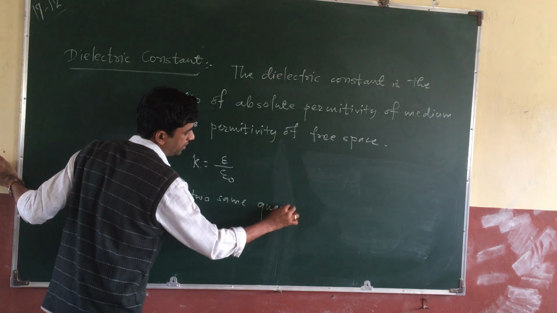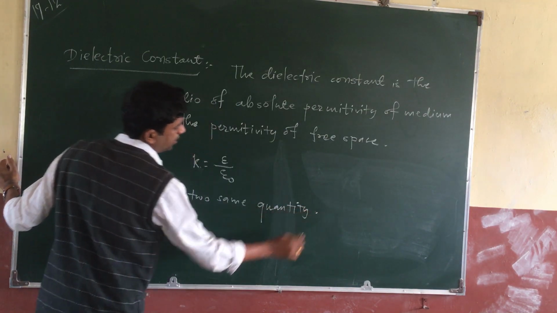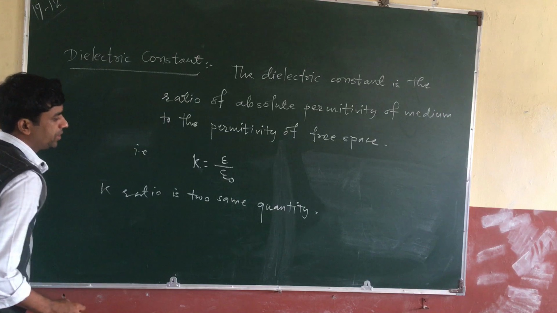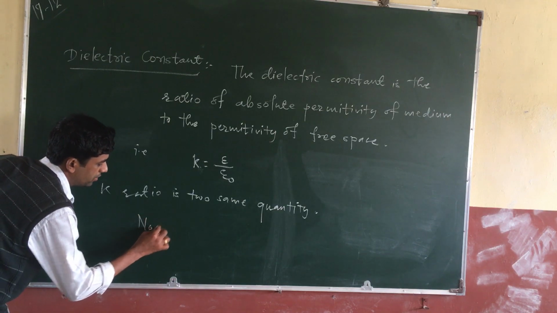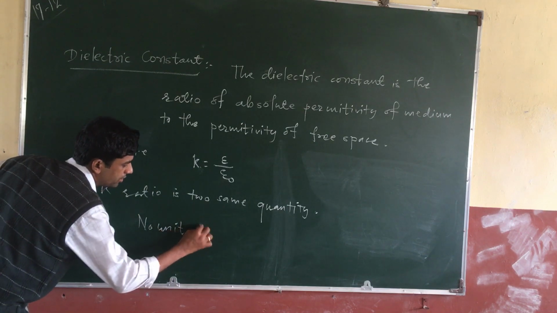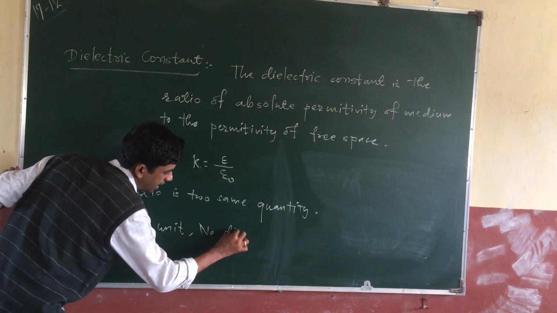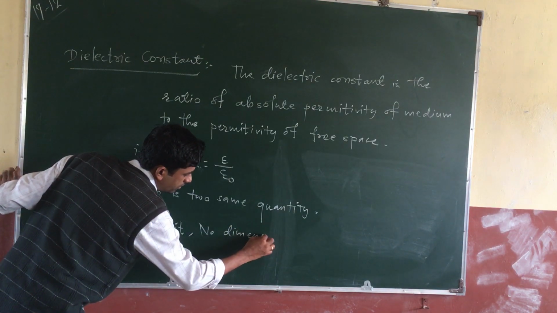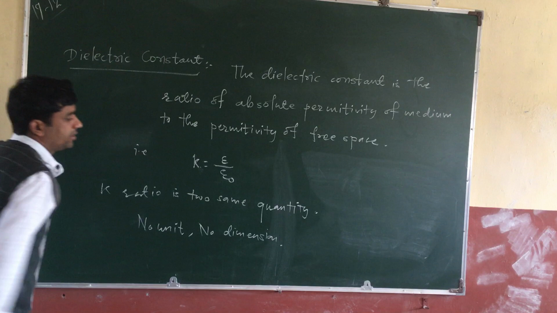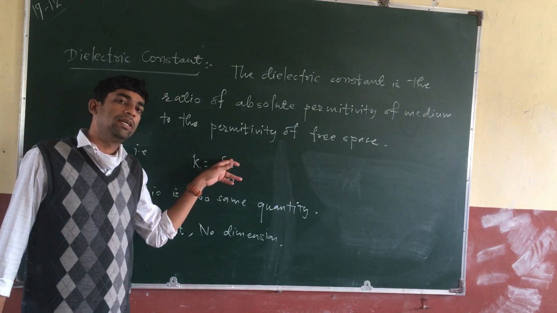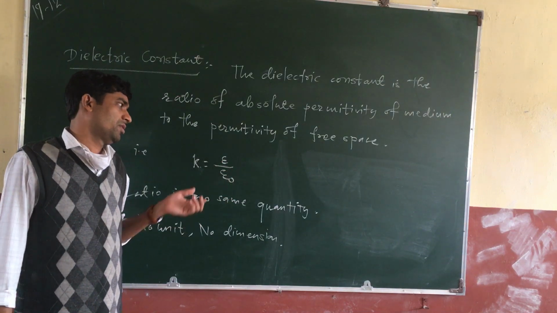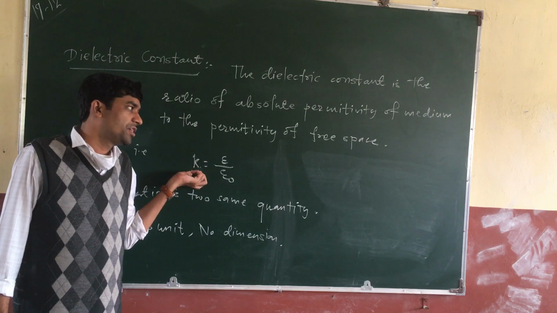It does not have a unit, so it has no unit and no dimension. It is a dimensionless quantity. Now how does this equation arise?